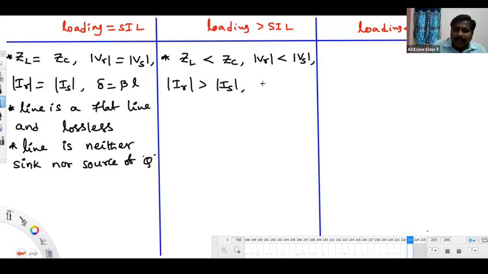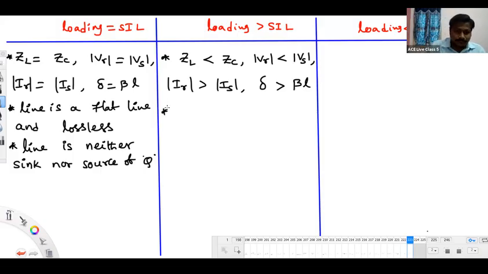The angular difference between the receiving end side and sending end side voltages will be greater than beta L. Loading is more, so the angular difference between the voltages will also become high. So delta will be greater than beta L value.